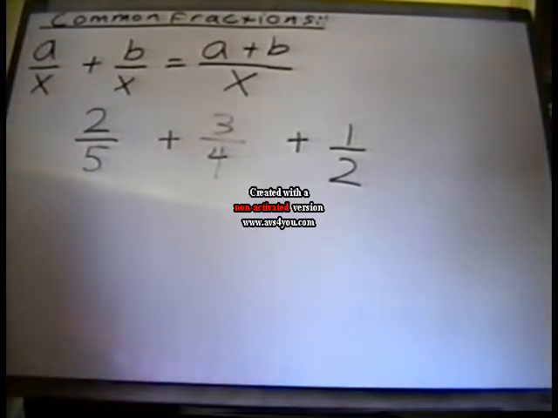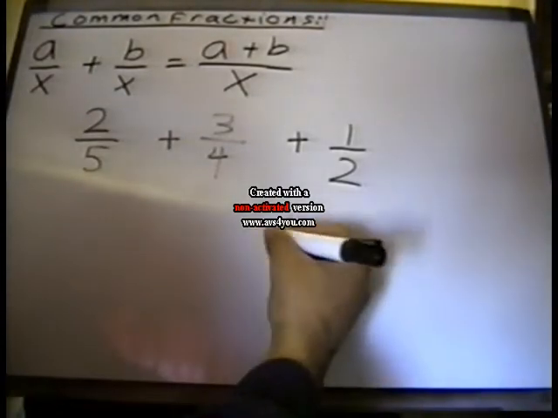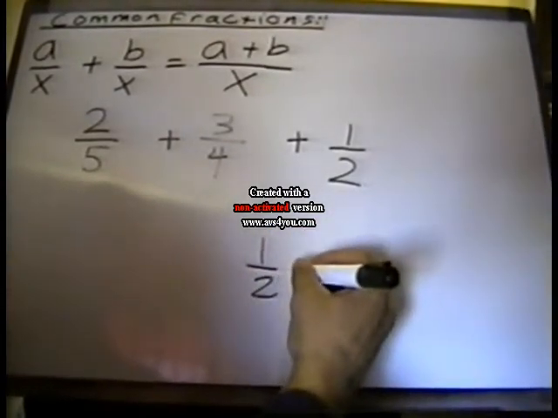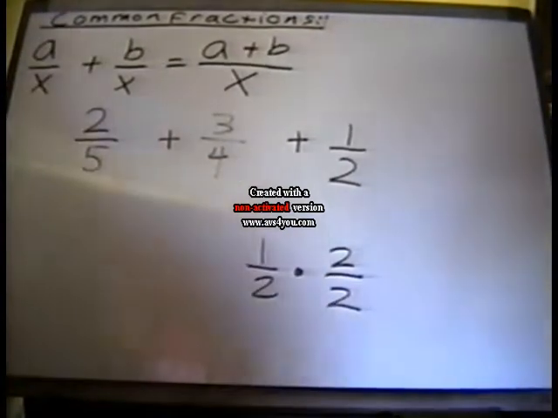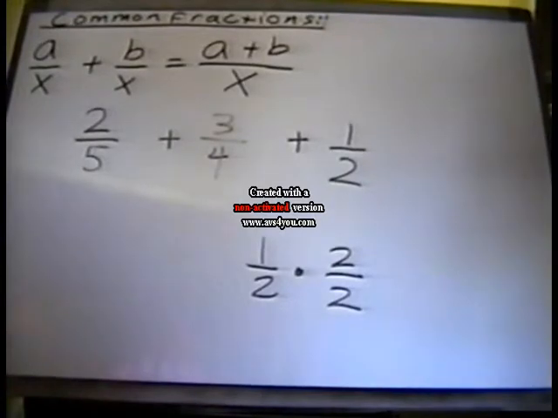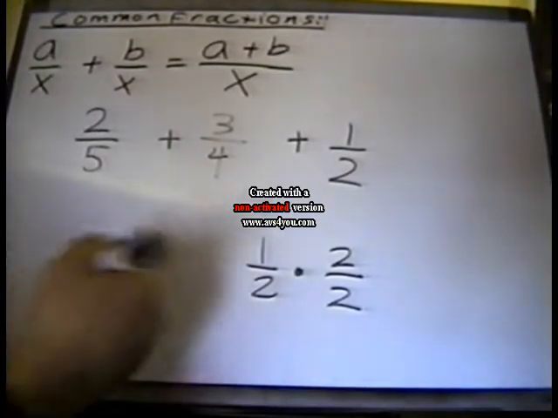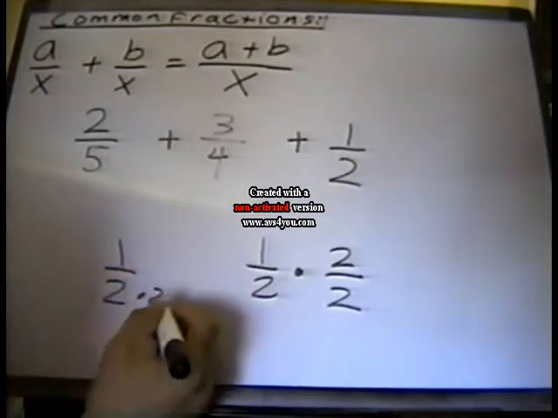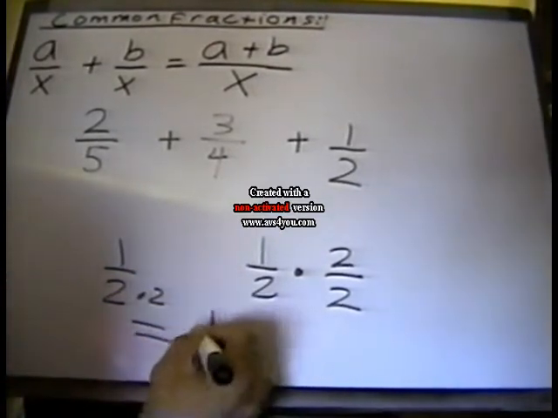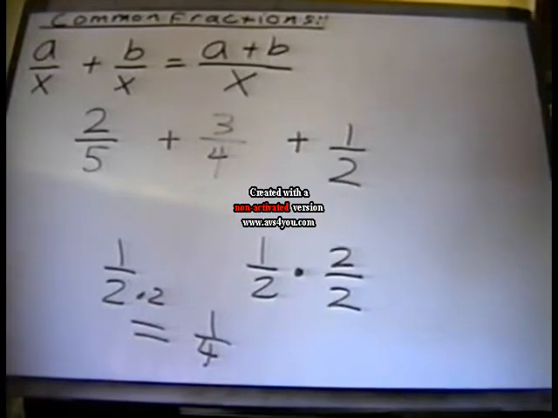So we multiply 1/2 by 2/2. Remember, I can't just multiply the bottom by 2, because then that's going to give me 1/4. And 1/2 is not equal to 1/4.